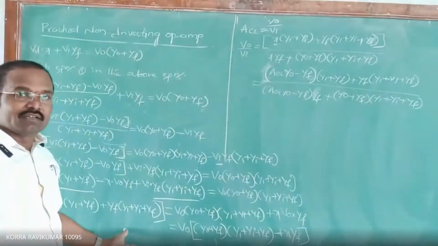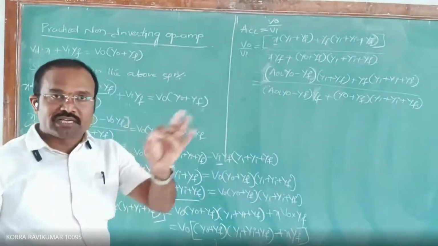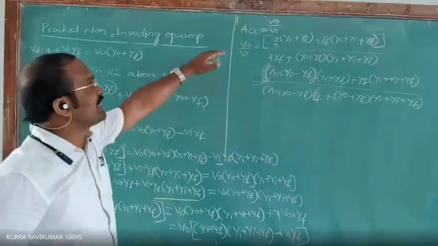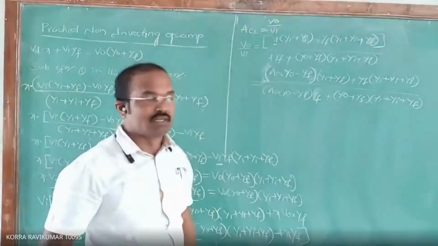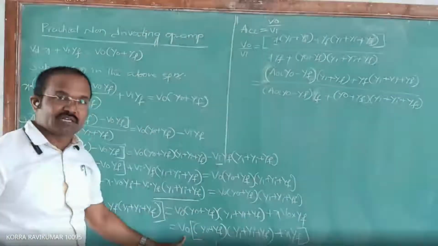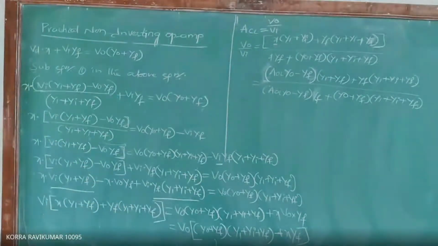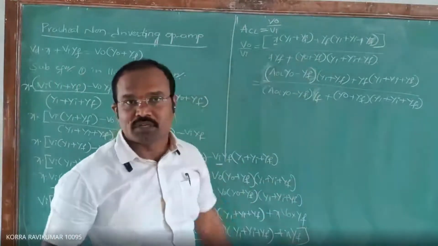What I did, according to the objective of this topic, I have to calculate the closed loop gain of the op-amp. So the gain equation is the ratio of output voltage to the input voltage. In this equation, on the right side I have V0 and on the left side I have Vi. So bring it to one side, V0 by Vi, numerator by denominator.